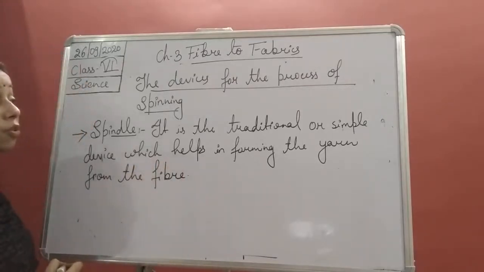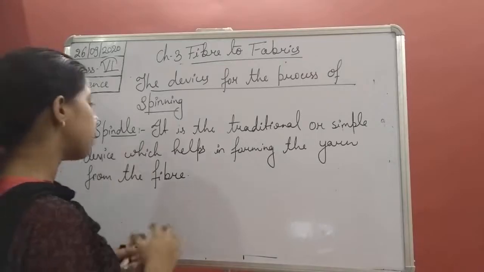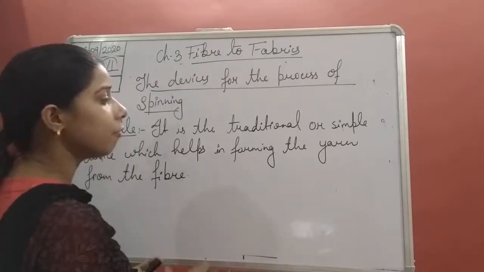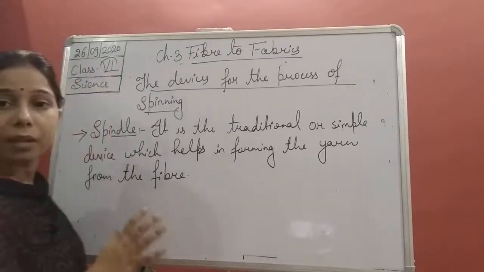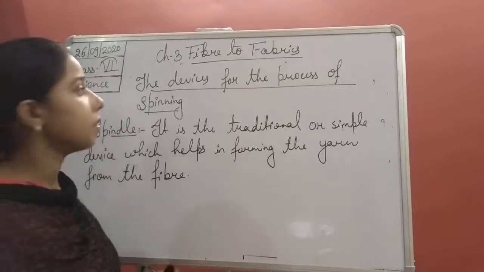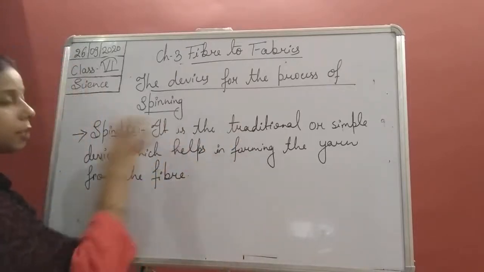So it is a traditional, or you can say a simple device, which helps in forming the yarn from the fiber. That is the spindle.